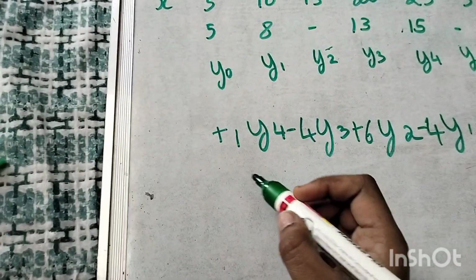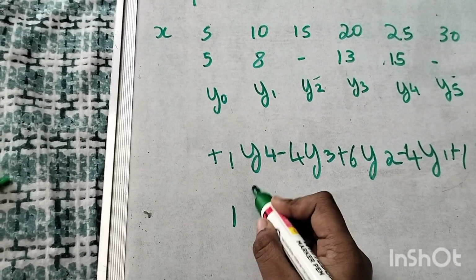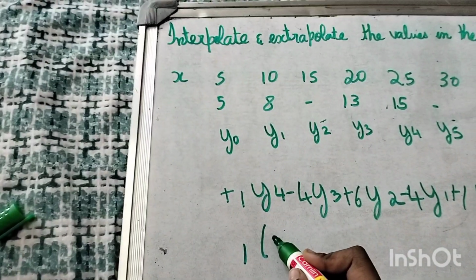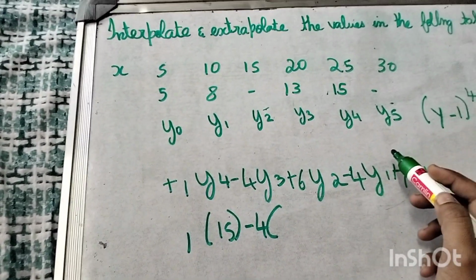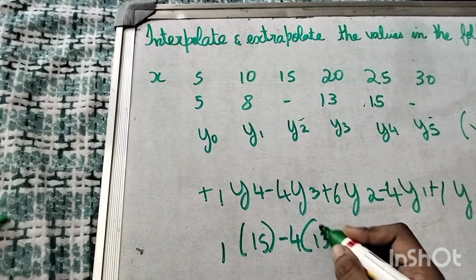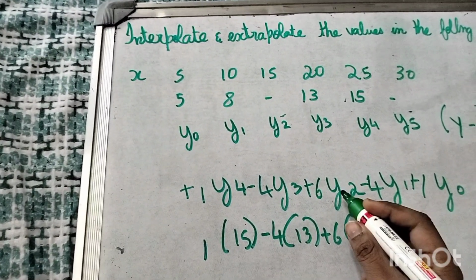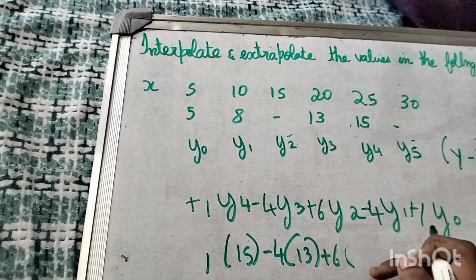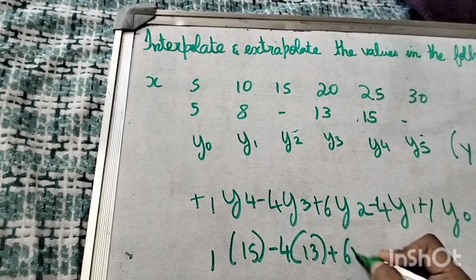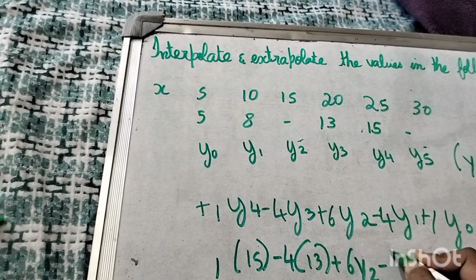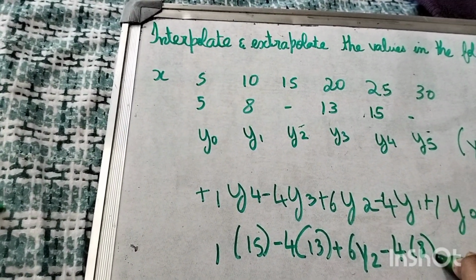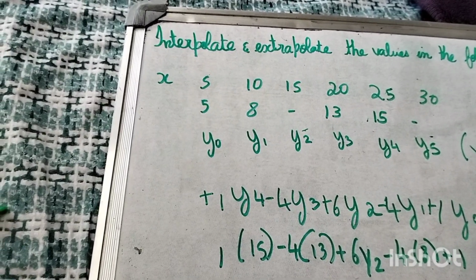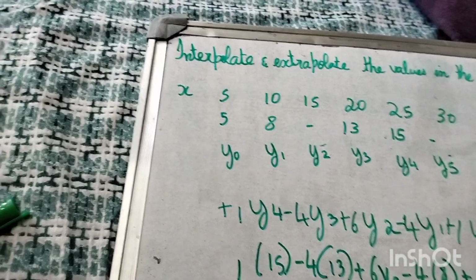Next, you just substitute the values. 1 into y4 is 15, minus 4 into y3 is 13, plus 6 into y2, which is not given, so you write 6y2, minus 4 into y1 is 8, plus 1 into y0 is 5.